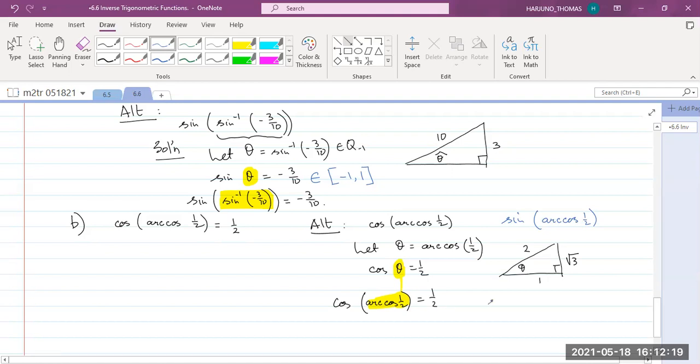So sine theta will be radical 3/2. In other words, sine of arc cosine of 1/2 is radical 3/2. We will see this later.